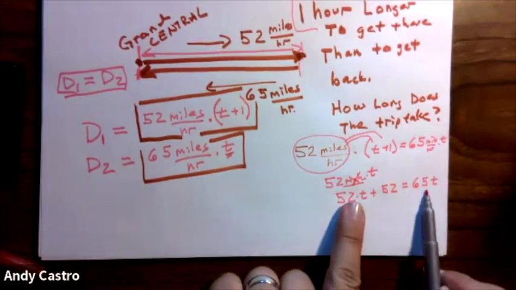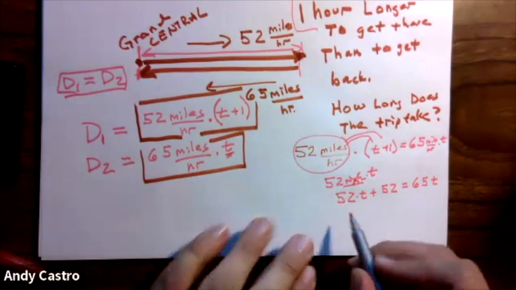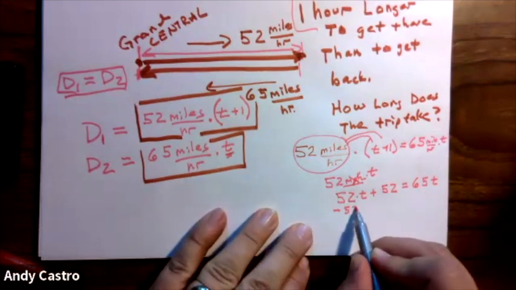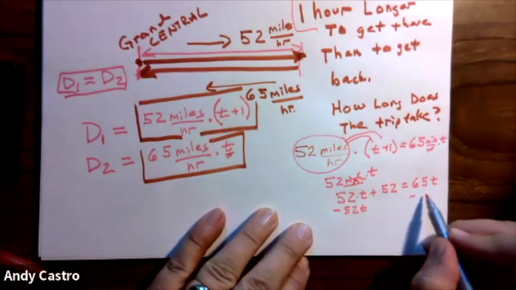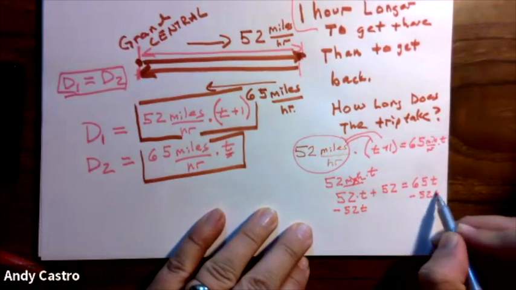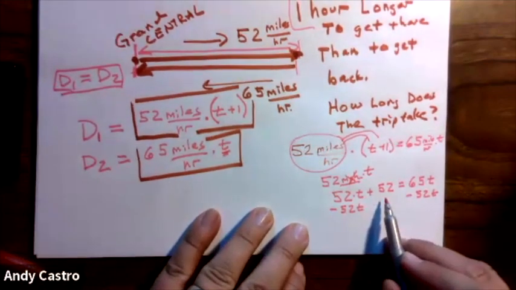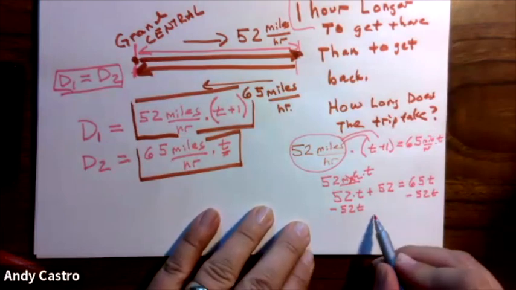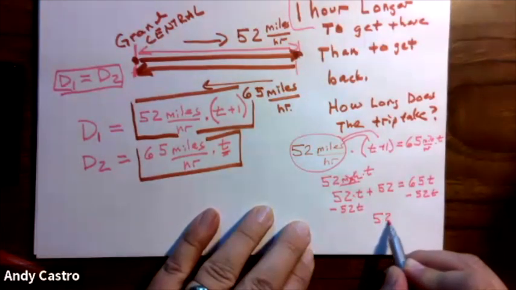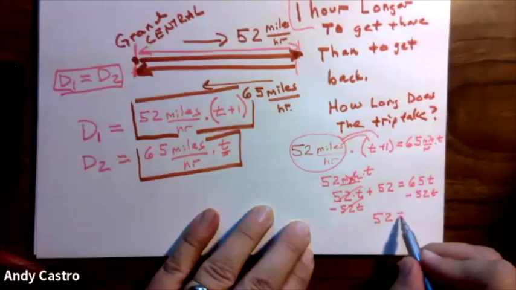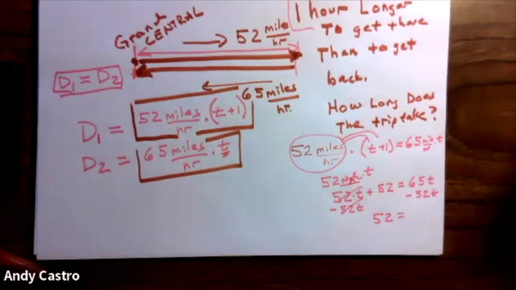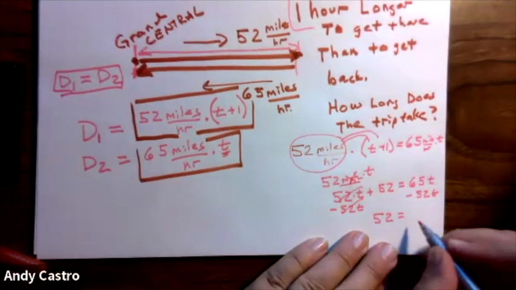All right, I want to get my T's on the same side. So I'm going to subtract 52T from both sides. Since this already has a number here without T on the left, that's 52 on the left. These cancel, equal to 65 take away 52.